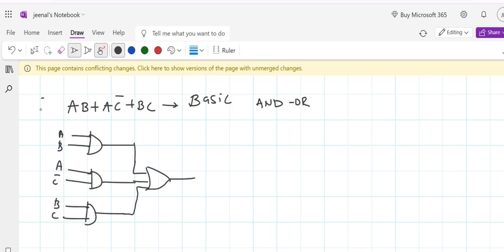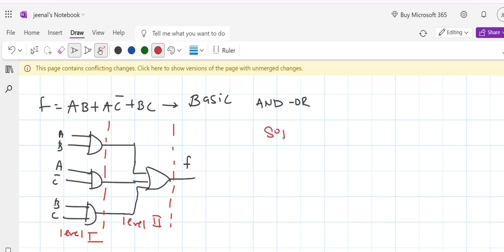So this is function F. I get an output here, F. Now this is called level 1 of representation, and this is called level 2 of representation.